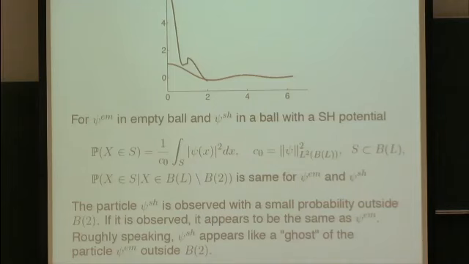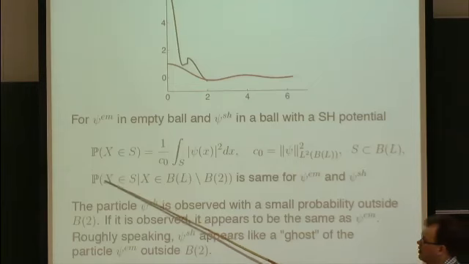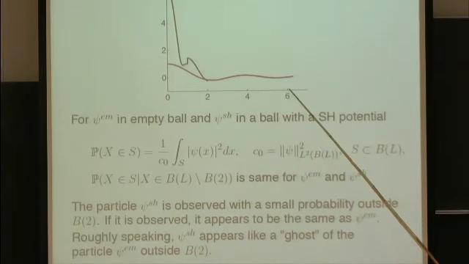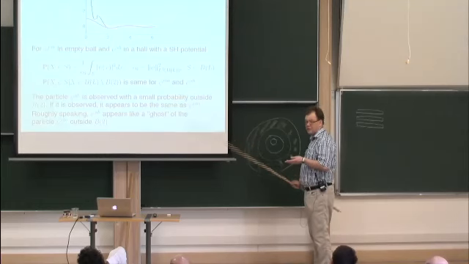But second, if I look at the conditional probabilities, assume that I observe it in this area. Because these functions coincide there, the conditional probability that I observe the particle, for instance, in the interval 4 to 6, under the condition that it is observed outside the cloak, is the same in the empty ball and in the Schrödinger hat.